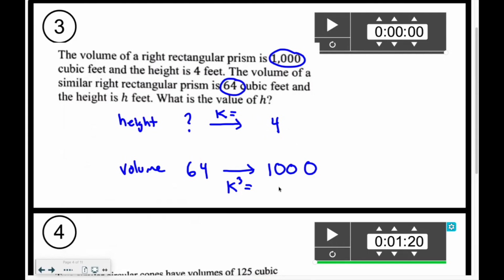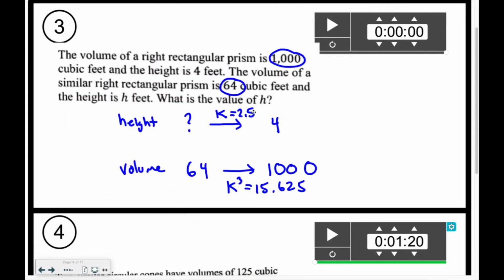But the way this problem's set up, we can't find k right away, but we can find k cubed, because we can just do 1,000 divided by 64, and we get this. So the volume was multiplied by 15.625 to get the new volume, which tells us that's k cubed. So I need to take the cube root of that. So if I do that, I get 2.5.